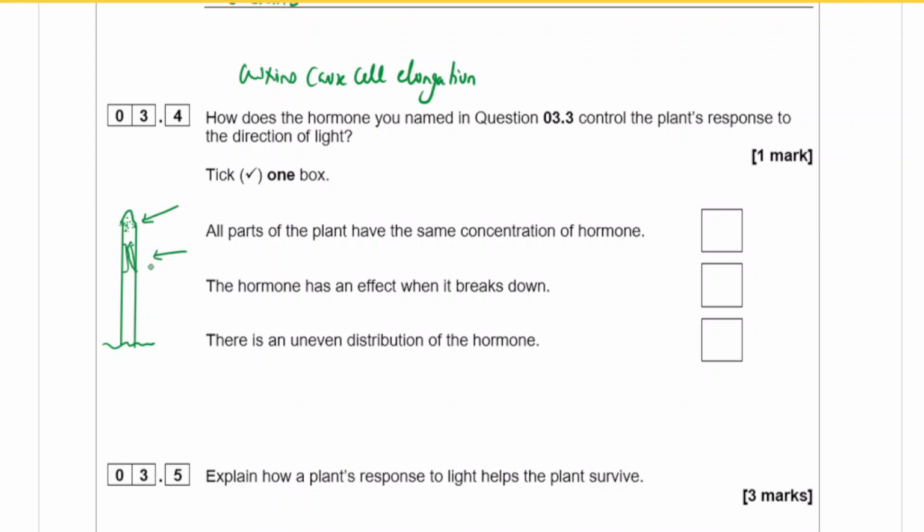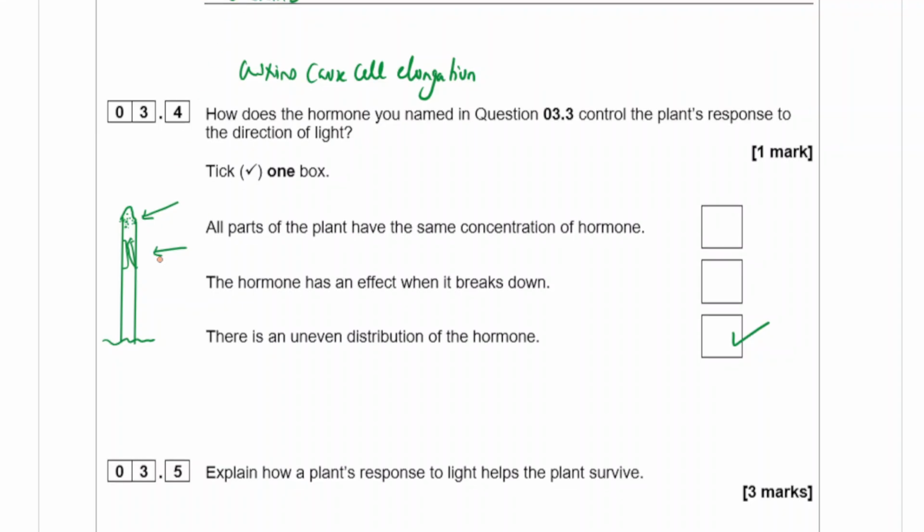It causes the uneven distribution of the hormone, which is the answer. So when there is uneven distribution of hormones, the cells on this side simply grow longer, which causes the entire shoot to bend in this direction towards the light.